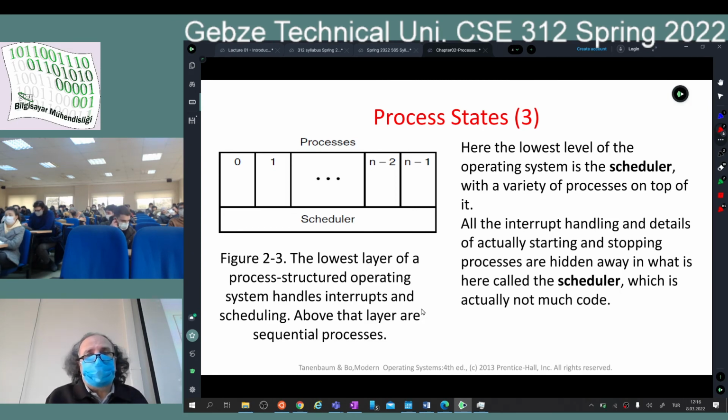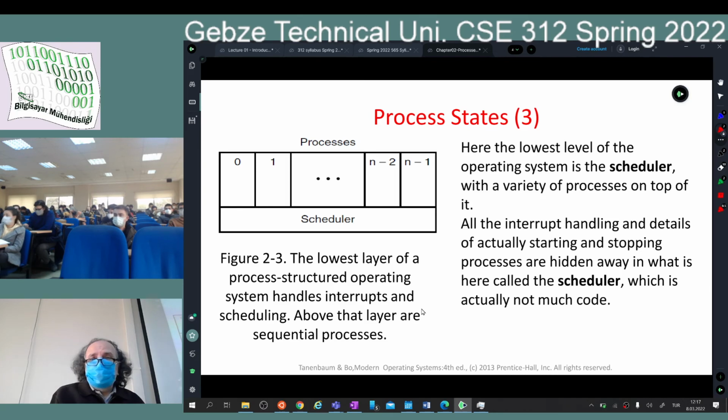On top of the scheduler, there are other operating system procedures or layers, but scheduler is usually at the bottom. And if you are doing a microkernel operating system, you cannot leave scheduler out of your kernel to make your kernel smaller. It has to be part of the kernel part of the operating system.